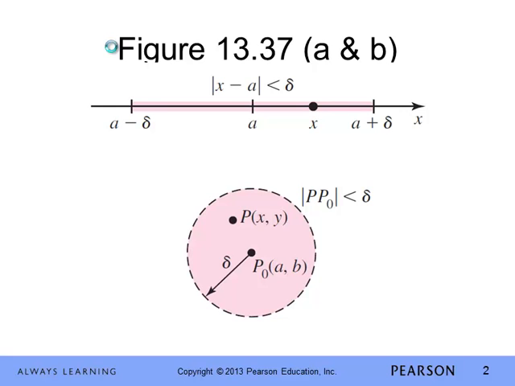Now let me just actually remind you of what it was back in Calculus 1 involving limits. All right, so we've got the y-axis, we've got the x-axis, we've got the graph of some function f, and we've got some value of x, call it x sub 0.